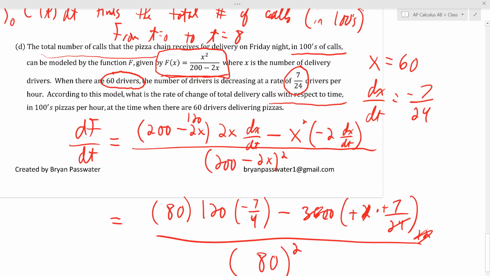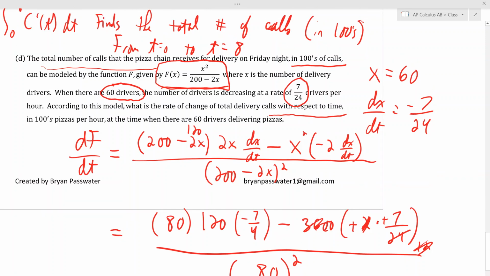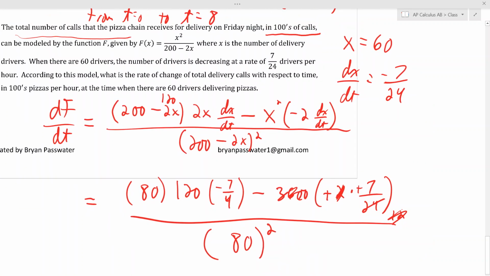Okay. Yes, Mrs. Smith? Spencer noticed that you forgot 24. Where? And 80 times 120 is negative 7 over 4 instead of 24. I don't make mistakes, man. I don't think so. Where? No, whatever.